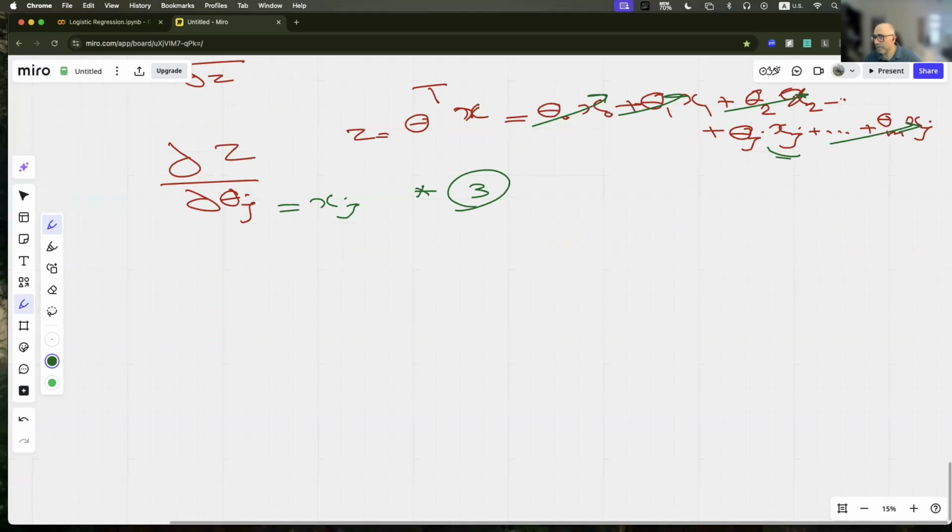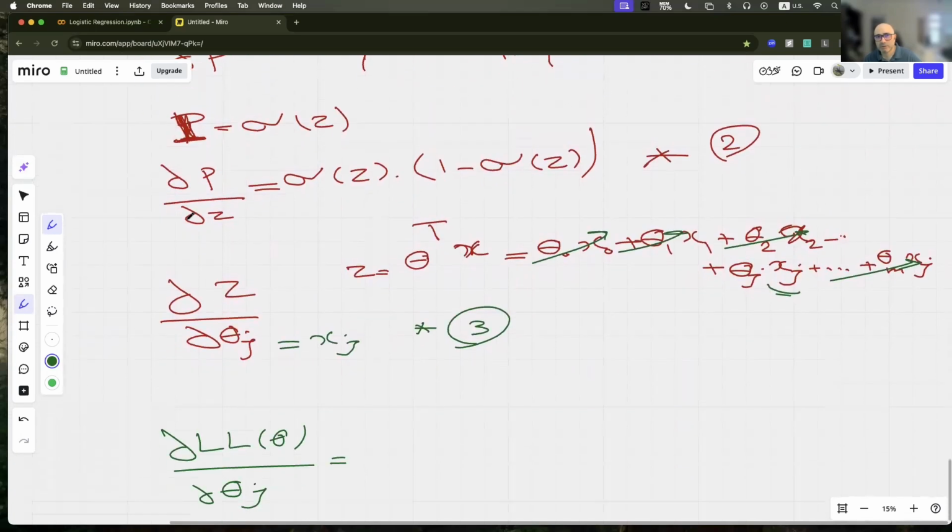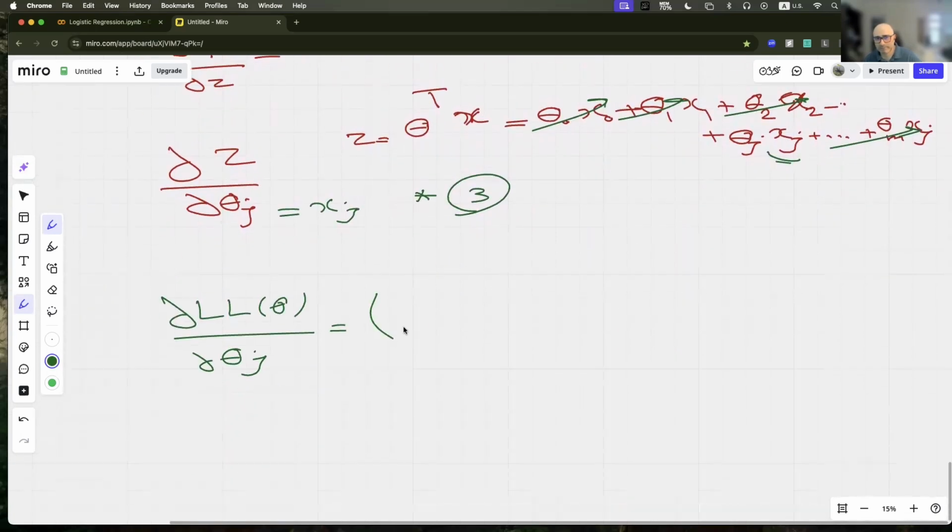So my derivative of the whole thing with respect to theta j would be the first term we got here, y divided by p minus 1 minus y over 1 minus p, multiplied by the second term, sigmoid z times 1 minus sigmoid z, multiplied by xj.